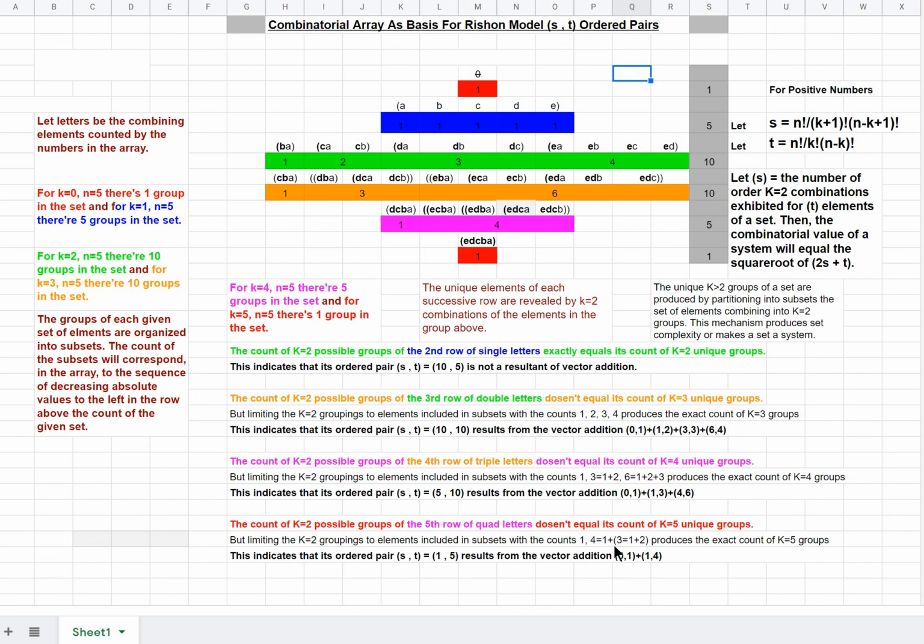Therefore, the only new unique combination that is given is the order 2 combination of 1. And so, these 2 vectors, when added, will produce only the single k equal 5 group of elements.